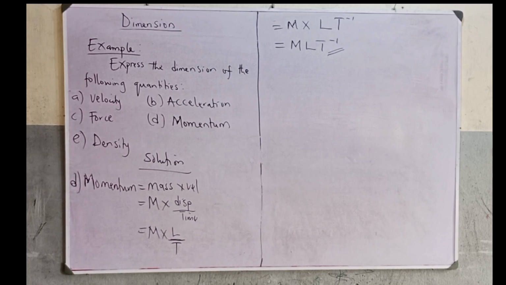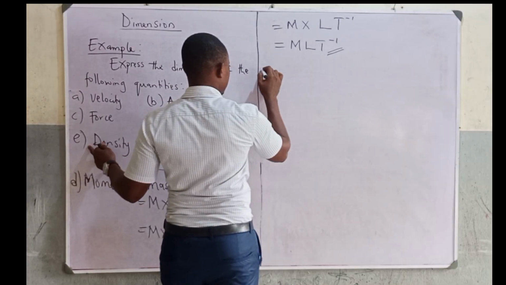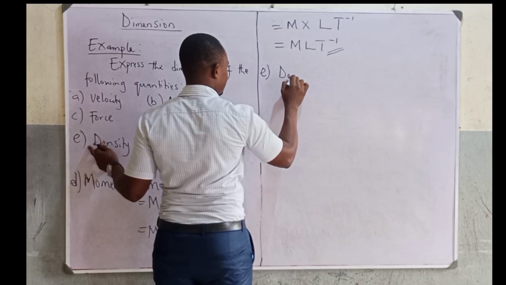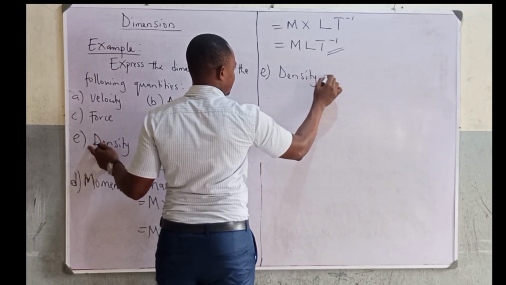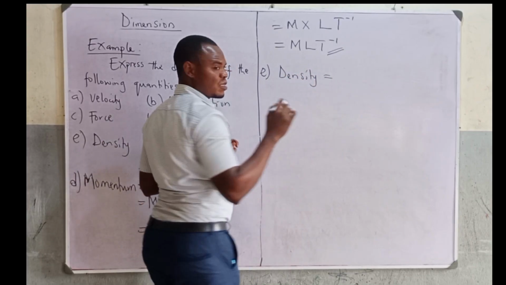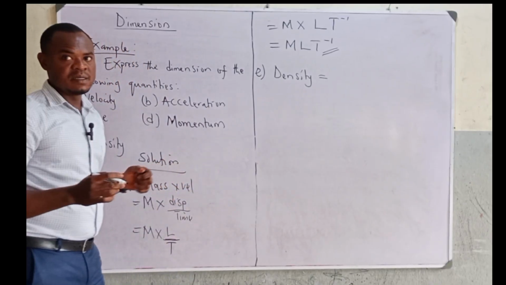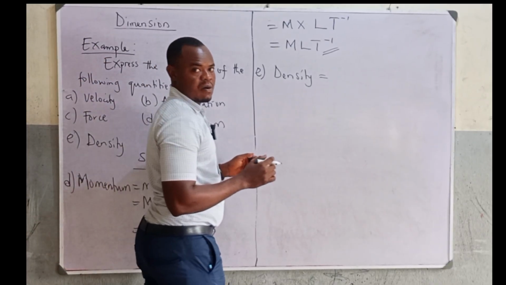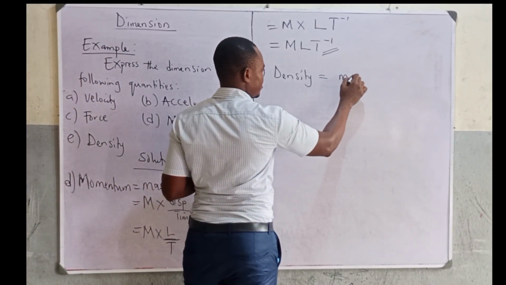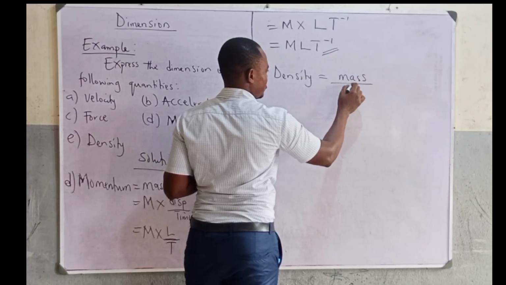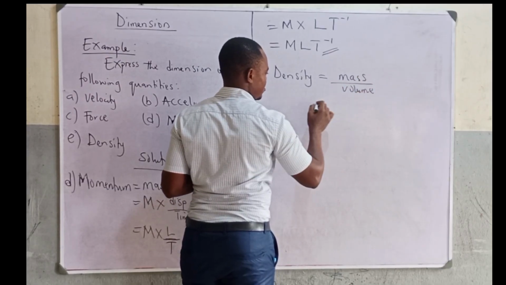Now we take E, density. Density is mass divided by volume. Mass over volume. This is density.